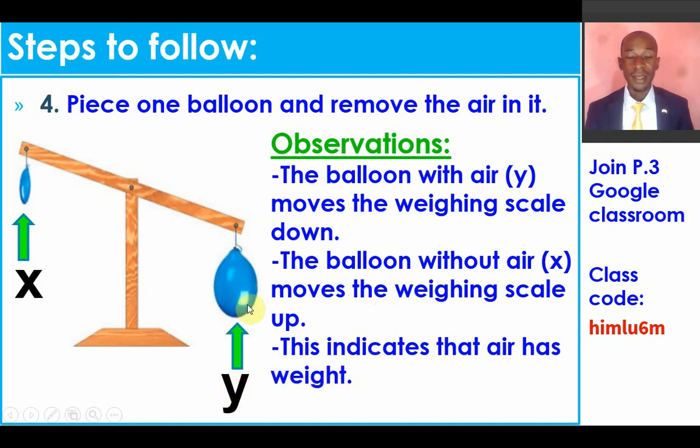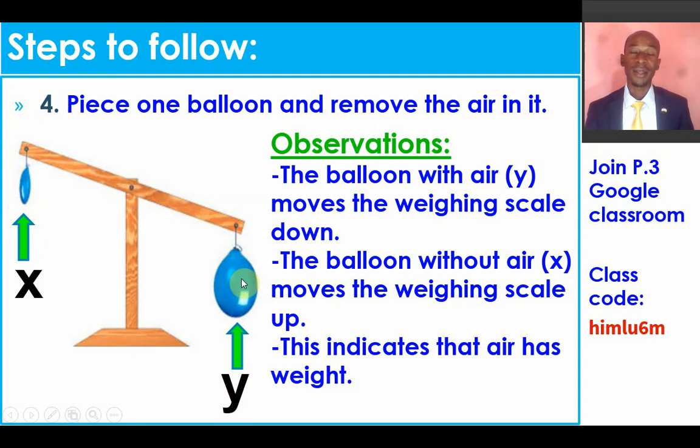Balloon Y has moved the weighing scale down because of the weight of the air. Then this one, which has no air in it, has no weight, so it was moved up. Even you can do this yourself.